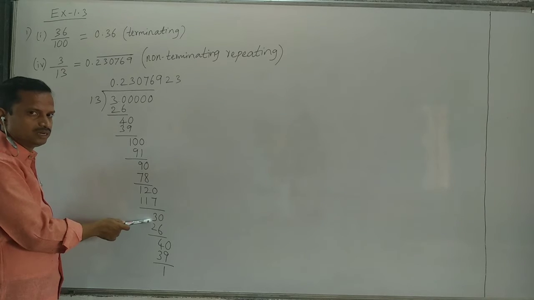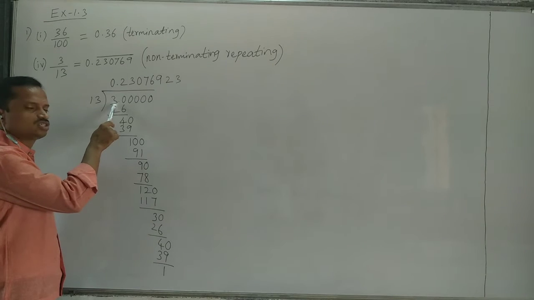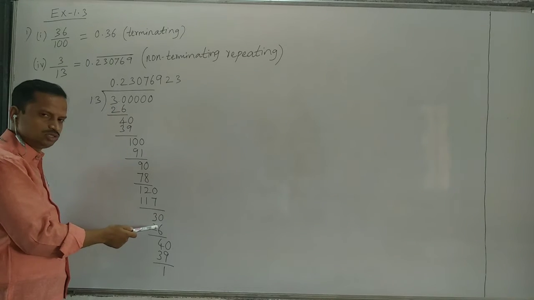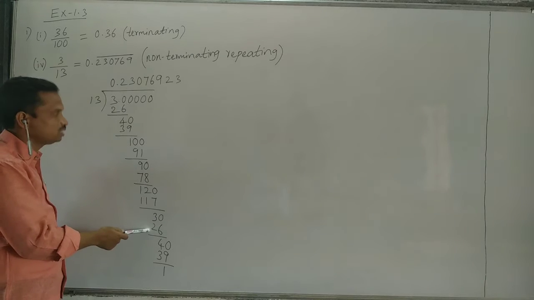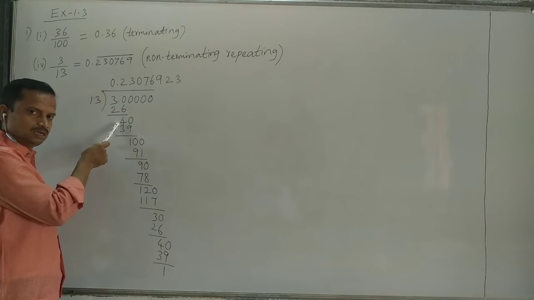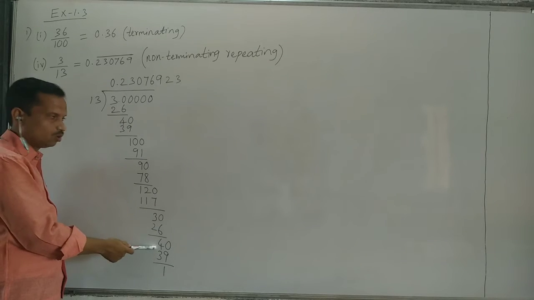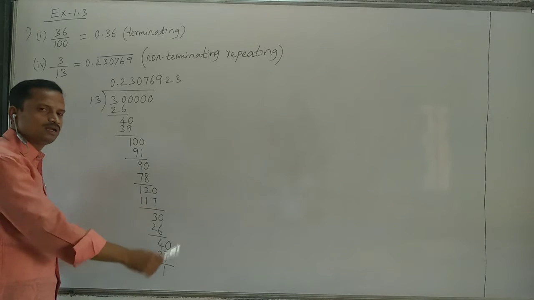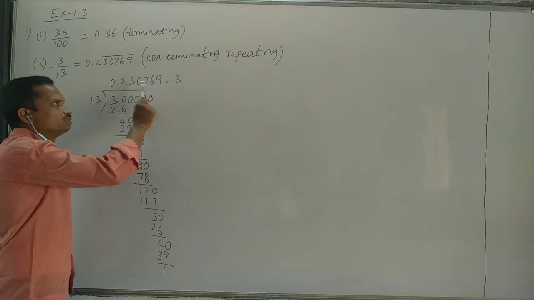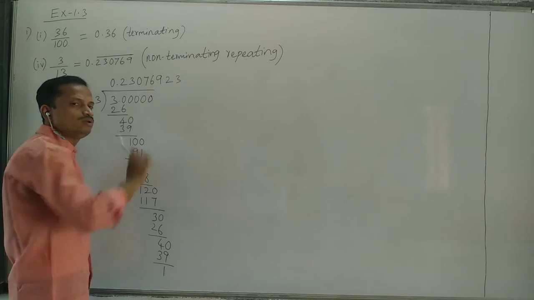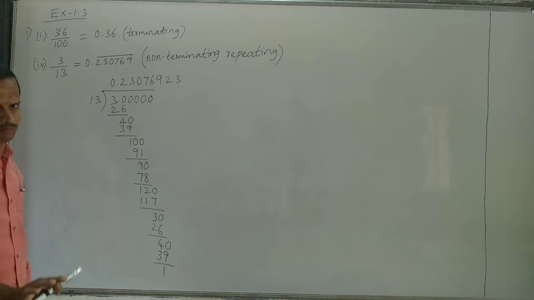The 3 is the remainder here and the first 3 starts from here. So again you put 0, it becomes 30 and 13 2s are 26. Again you get remainder 4. You see here the remainder is 4. Here also 4. The same thing will repeat again. The same remainder will repeat and the same digits of the decimal value will be repeated.